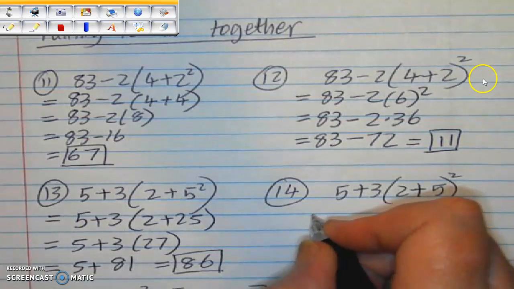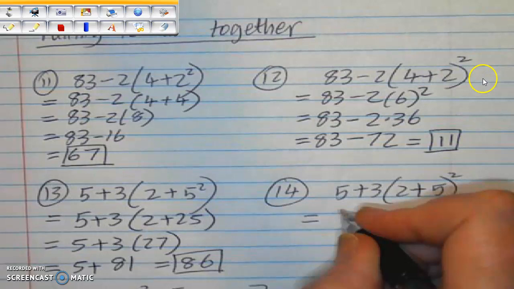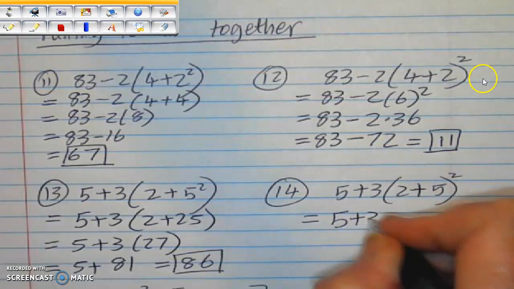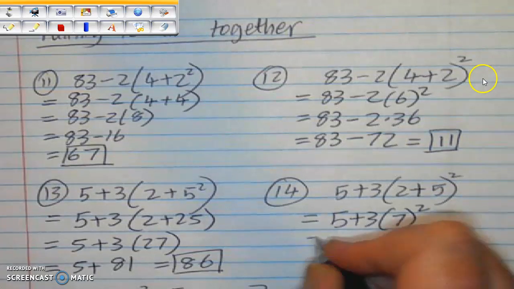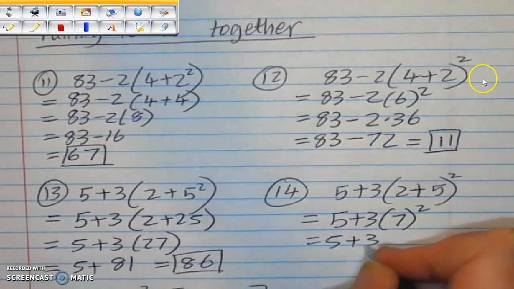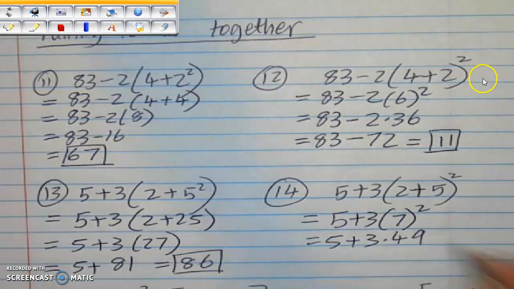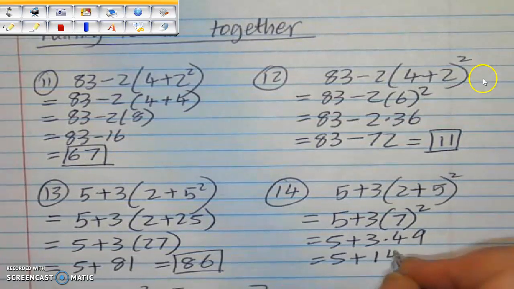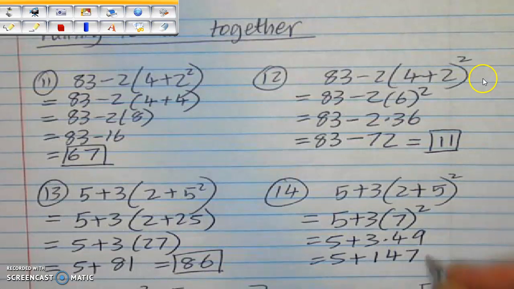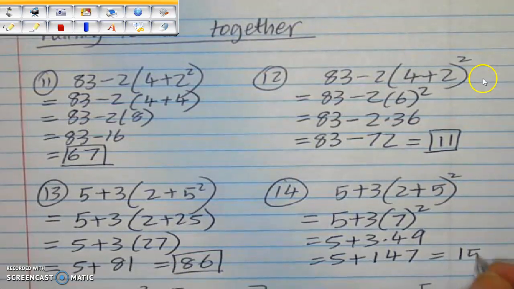Number 14, this is the last problem we'll do. 5 plus 3 times 7 squared. 5 plus 3 times 49. 5 plus 147. And adding 5 to 147 is 152.